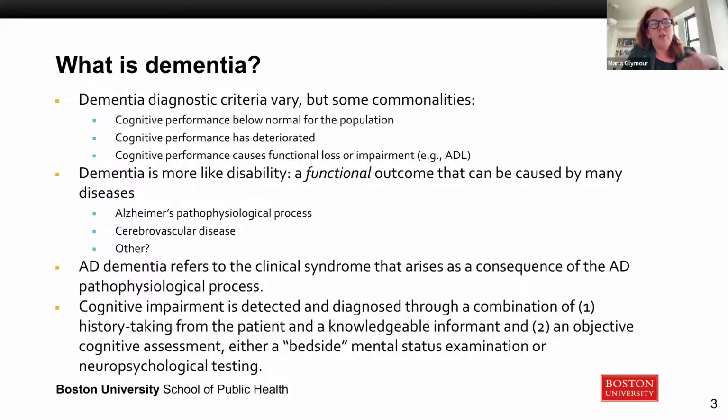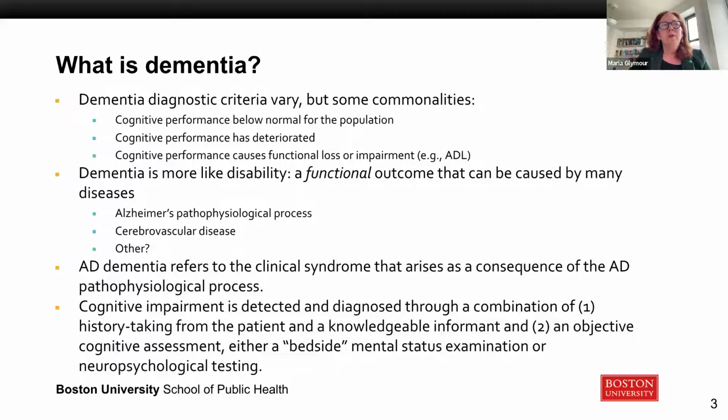Those three criteria are essential to dementia, and we can think about dementia more like disability than like a disease, i.e. it's a functional outcome that can be caused by many different pathophysiologic processes.